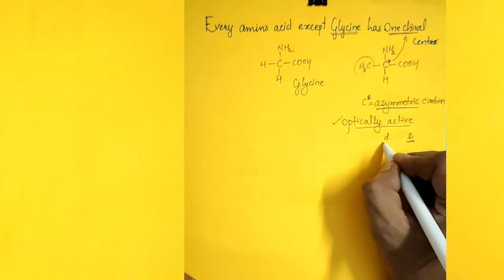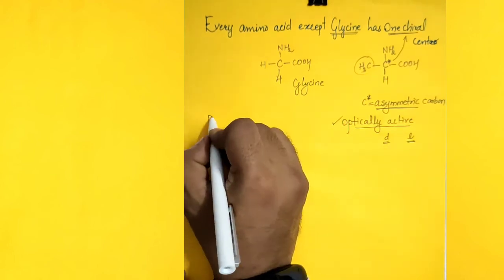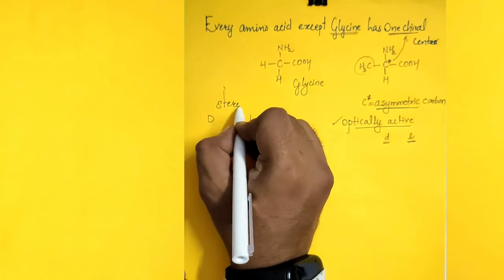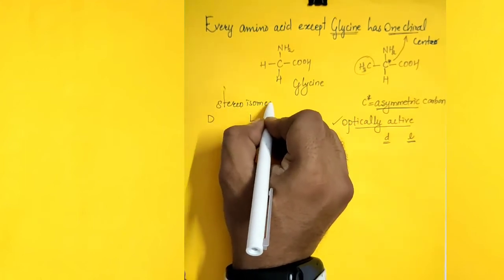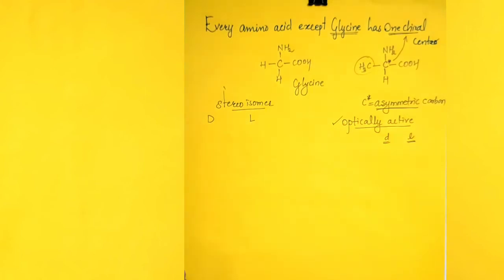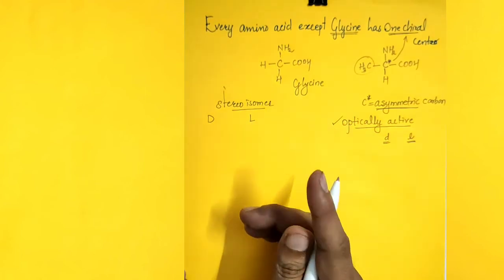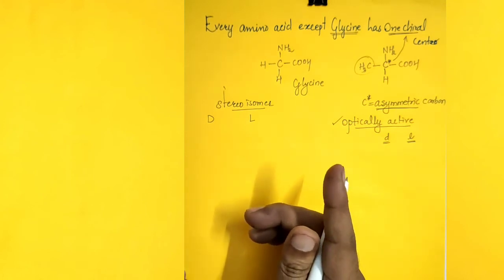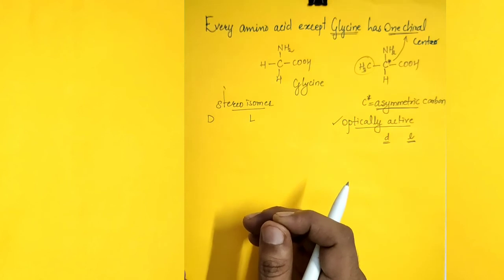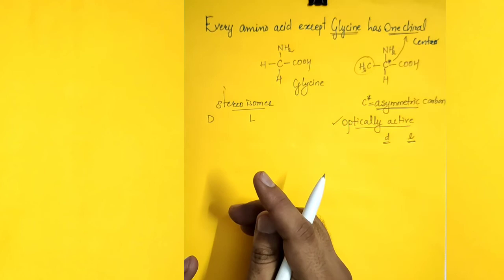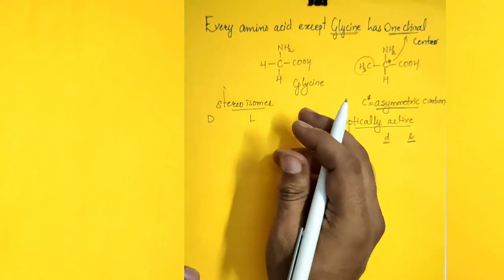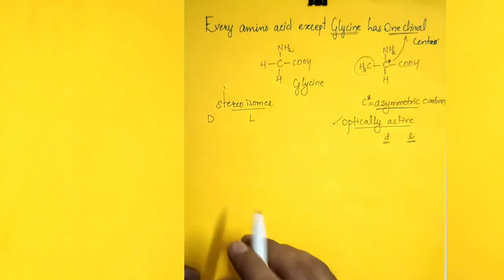Dextro and levo, and capital D and capital L indicate stereoisomerism, which we have seen in glucose. If the OH on the second last carbon of glucose is on the right hand side, it is D glucose, and if it is on the left hand side, it is L glucose. So capital D and capital L configuration is also seen in amino acids.